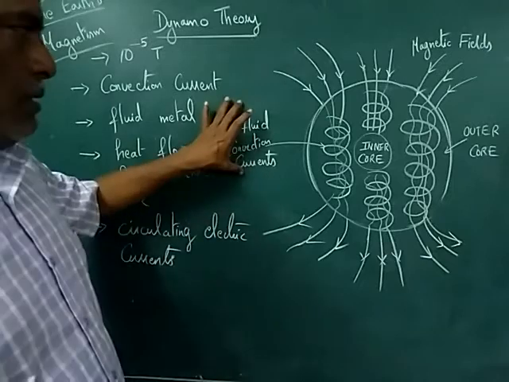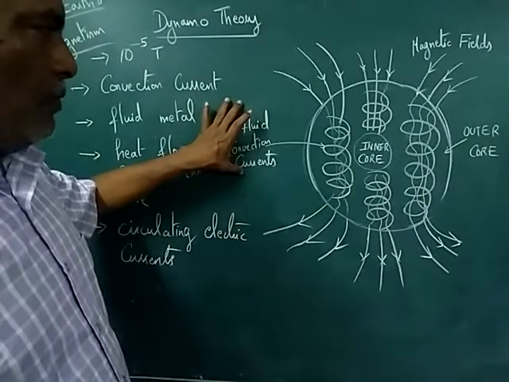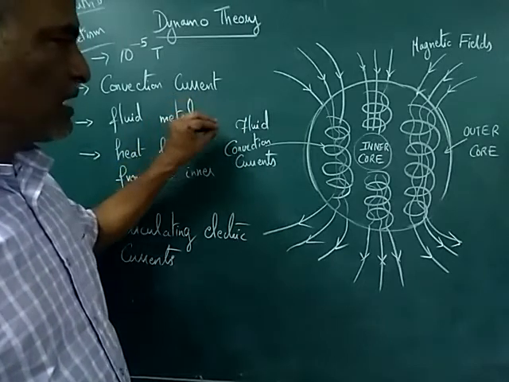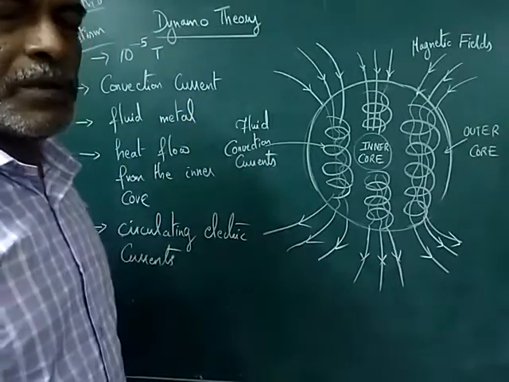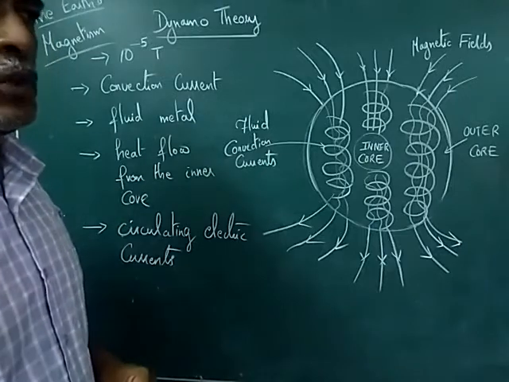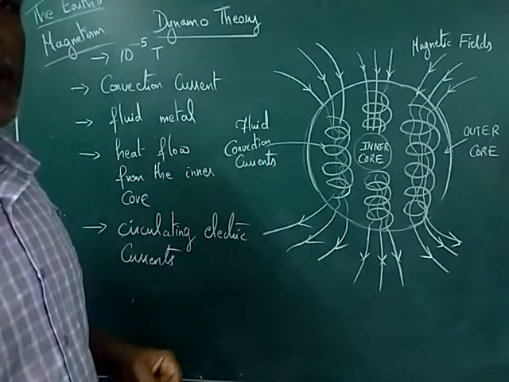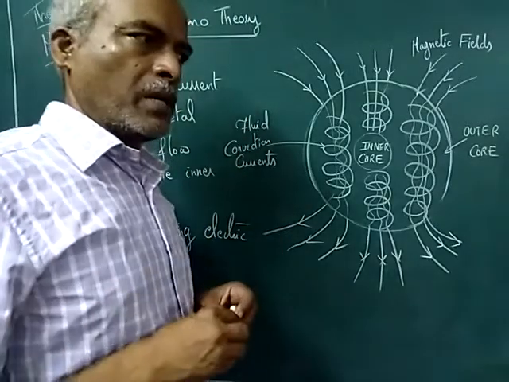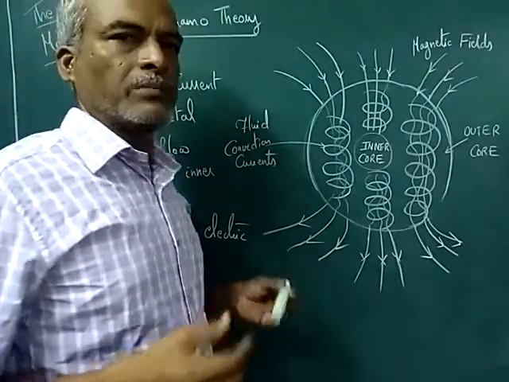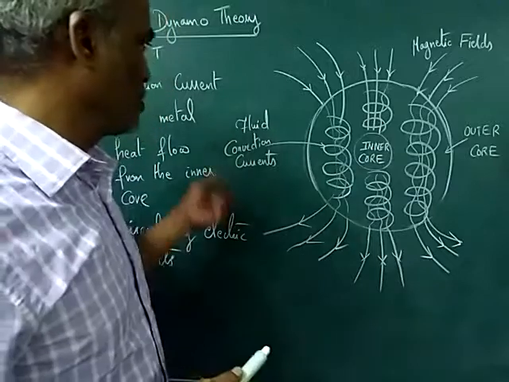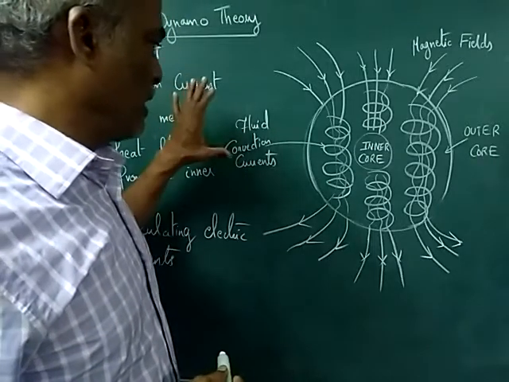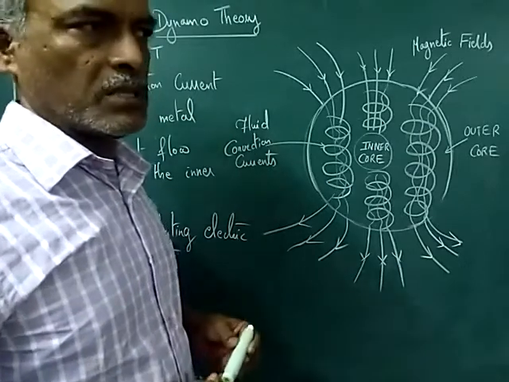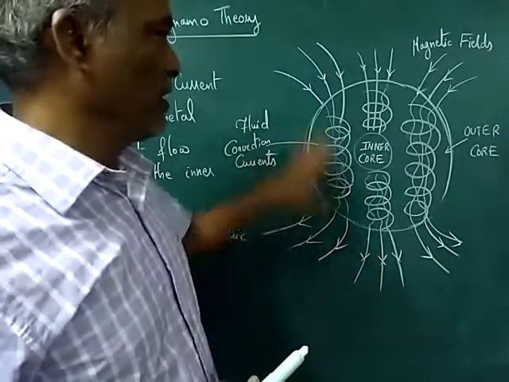Because of the fluids, some convection current flows, usually iron, copper, nickel, like that. It will basically be in a liquid state, or sometimes it can be in a gaseous state also. So that's why we say it's a fluid convection process.